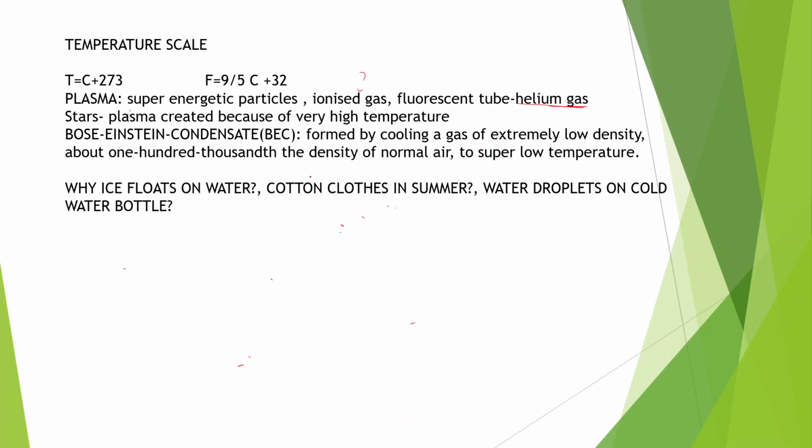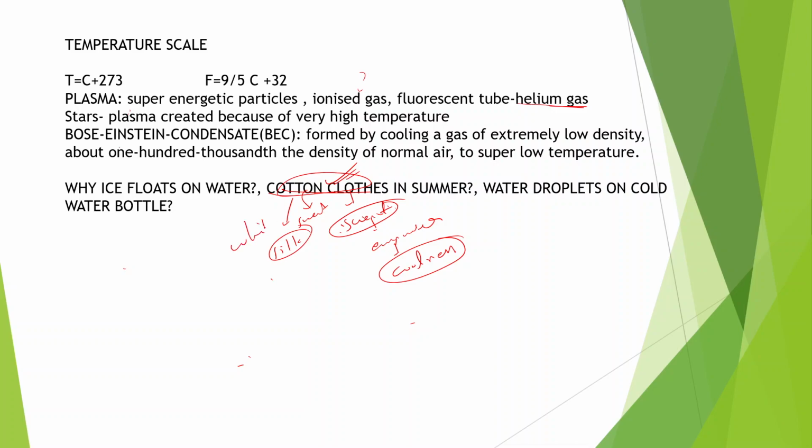Because they absorb sweat, and this sweat evaporates more quickly and gives a cooling effect in summer. That's why we prefer cotton clothes, because they absorb sweat more quickly compared to silk clothes or some other clothes. That's why we prefer cotton clothes, that too white color.